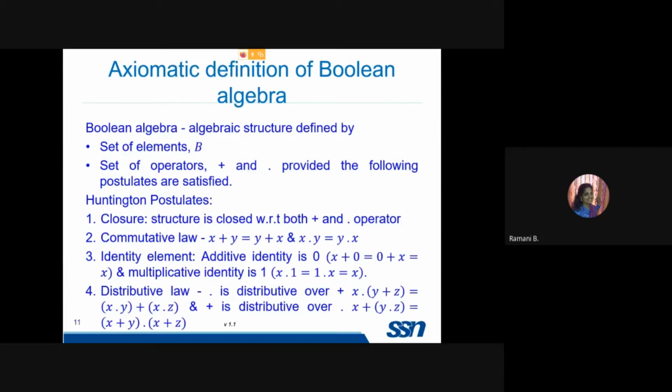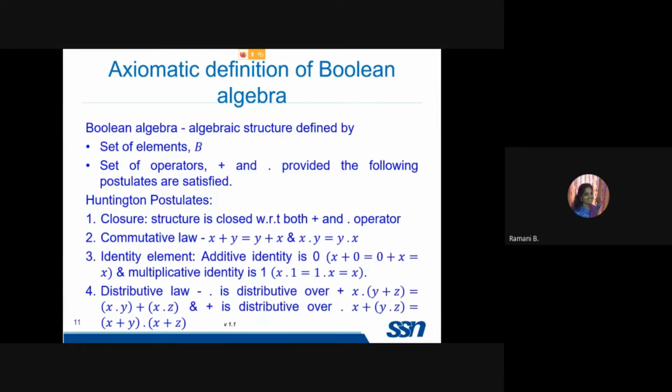The two operators considered here with Boolean algebra are plus and dot. That is for our convenience only, as people are very much used to plus and star, so we are using this convention. And this Boolean algebra should follow the following postulates.